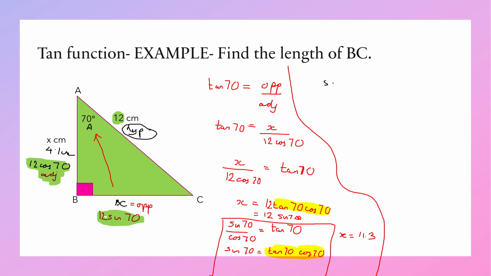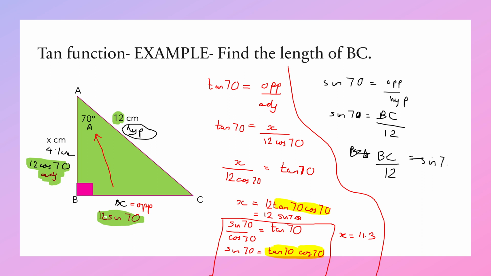So if we said sine 70 equals opposite over hypotenuse, what's opposite over hypotenuse? It's going to be BC, I'll put BC just to be clearer because we've already labelled the side x, over hypotenuse is 12. So BC over 12 equals sine 70.